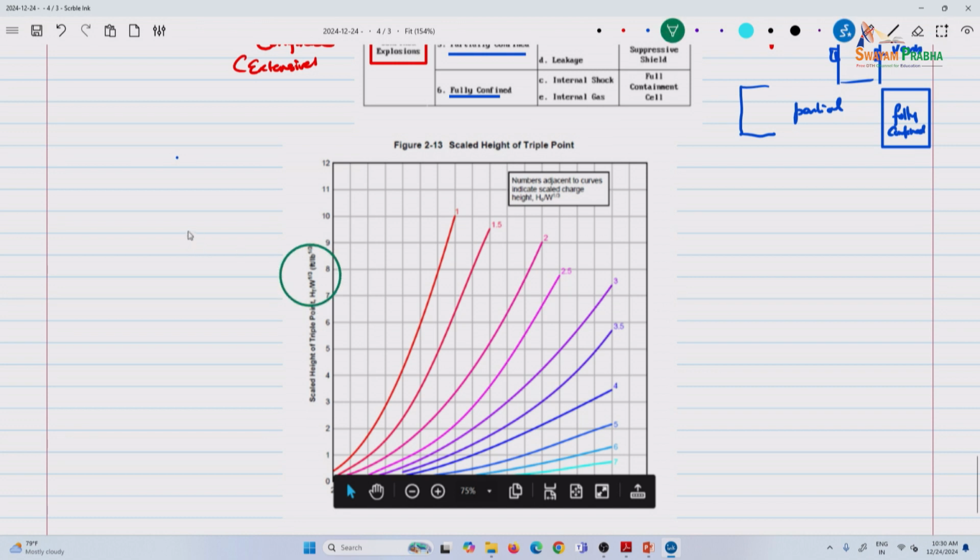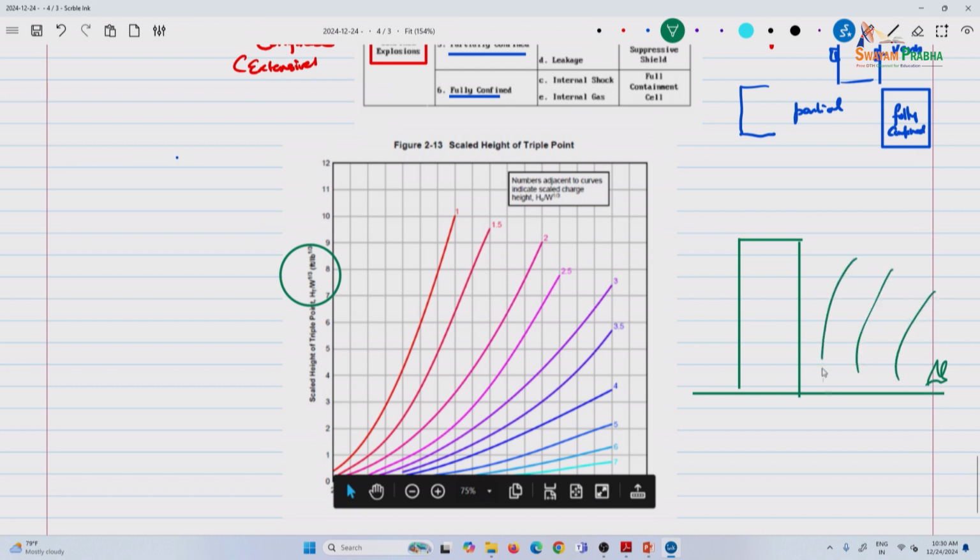If you see, you have your building and your explosive is here, and then these are your incident waves, and then this is going to reflect out, and your reflected curves are like this. If you connect all of these, this is the triple point, all these are the triple points.